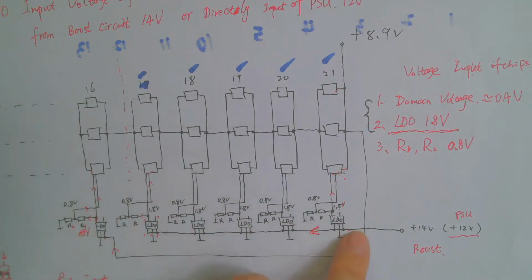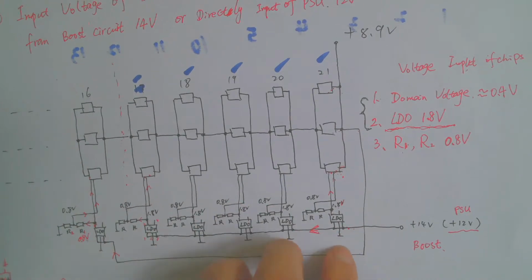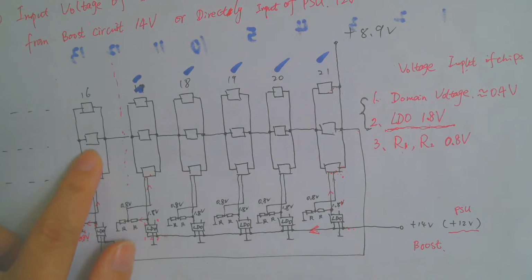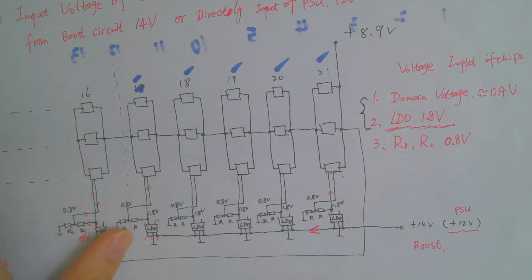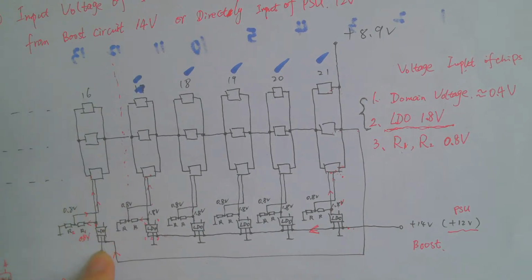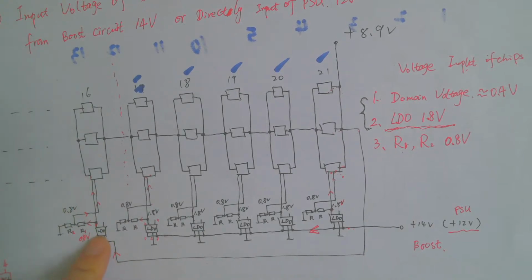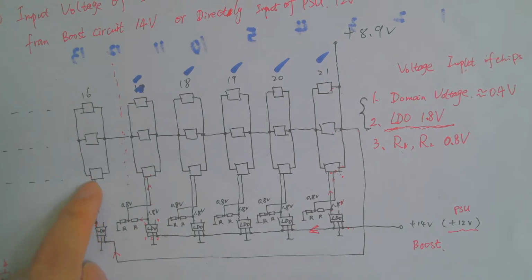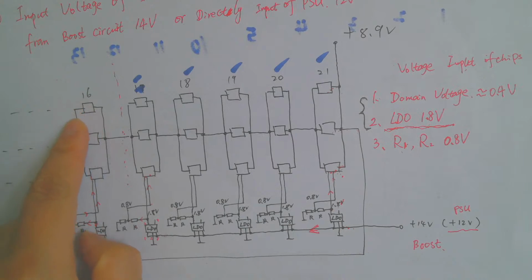From domain 1 to domain 16, the LDO here will output 1.8 volt from pin 5 to each chip in its domain.